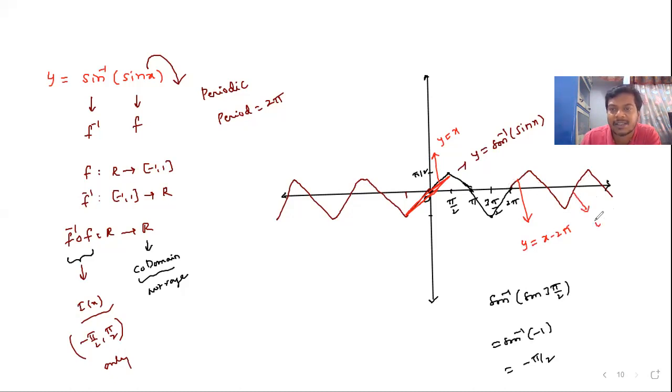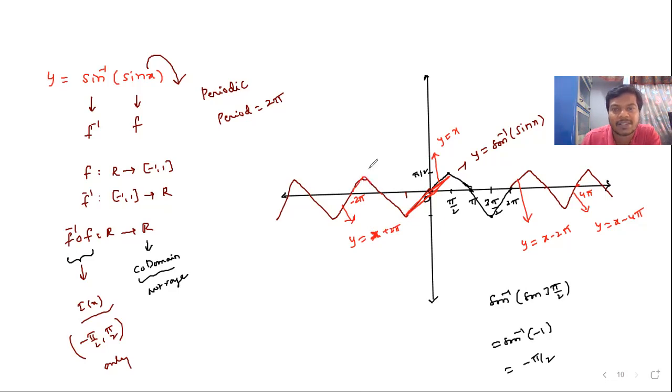Next, this is y equal to x minus 4 pi. This is first pi, second pi, third pi, and it is 4 pi, right? When you write x value 4 pi, it becomes 0. Next, this one is y equal to x plus 2 pi, that is, when you write x value minus 2 pi, it becomes 0.